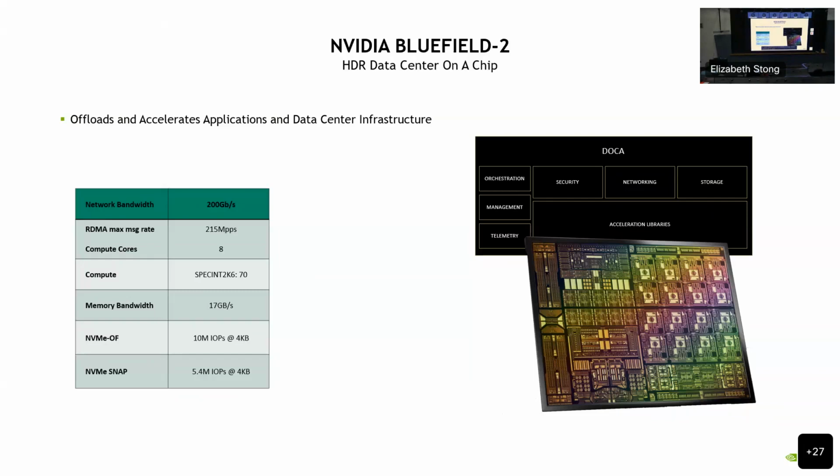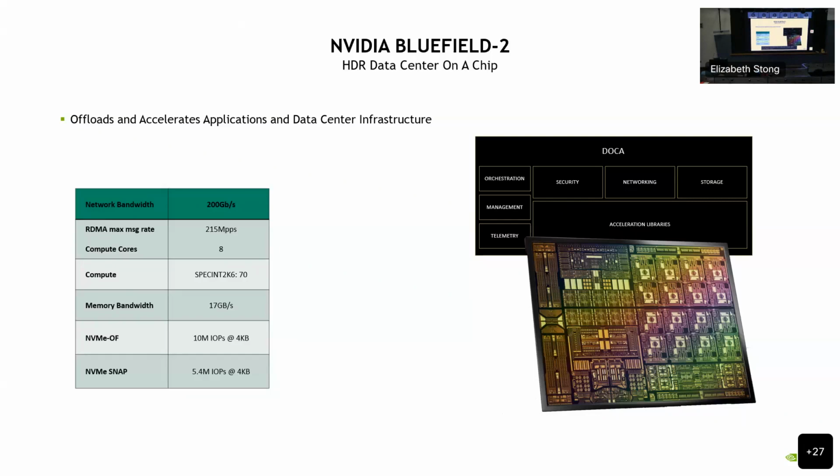So I've listed here on the left-hand slide some of its characteristics, from a computational perspective. The maximum message rate that the card drives is 215 million messages per second. That's through its ConnectX core, and I'll get to describe what the hardware itself is in just a moment. It has 8 computational cores.